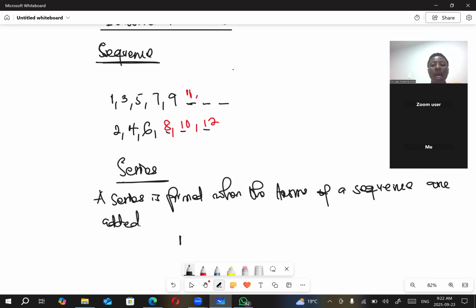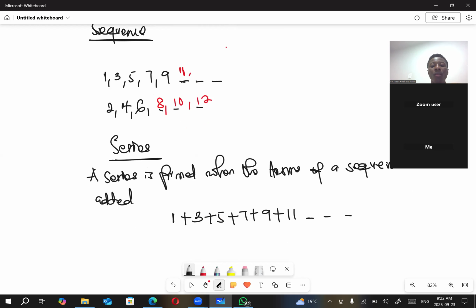Now when we are adding them, 1 plus 3 plus 5 plus 7 plus 9 plus 11 and so on and so forth, this is a series. In the same vein, that sequence can be represented as a series when we start to add them. So 2 plus 4 plus 6 plus 8 plus 10, right?